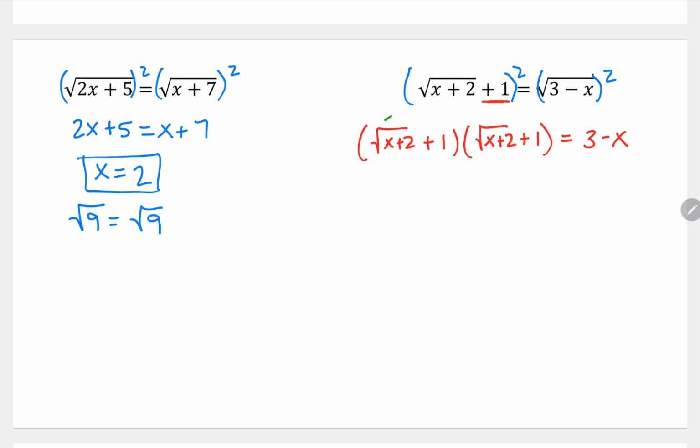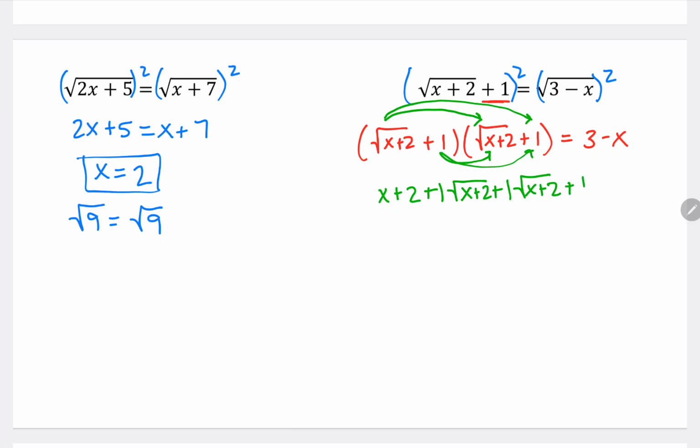So when I take the square root of x plus 2 times the square root of x plus 2, that's just the square root of x plus 2 squared, or x plus 2. Then I have the square root of x plus 2 times 1. I'm going to put 1 times the square root of x plus 2. We get that a second time. And then 1 times 1 is 1.